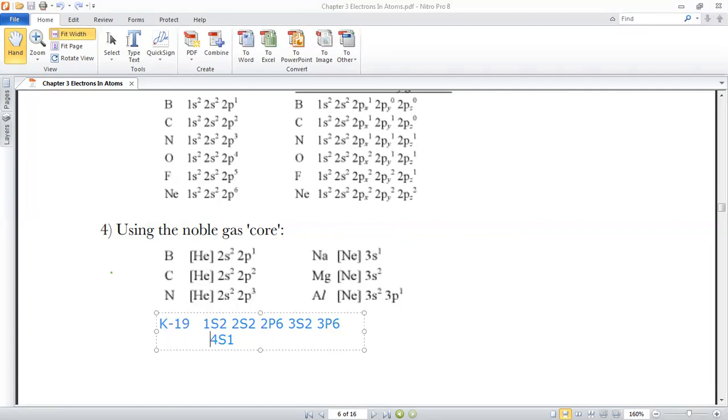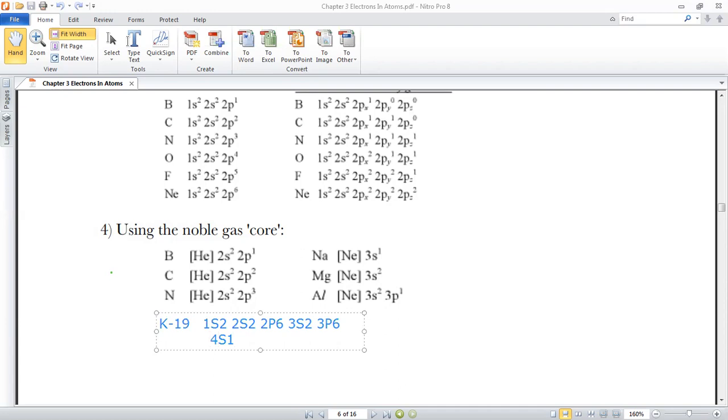If you go by principal quantum number or shell number, you see in the first shell it has 2 electrons, in the second shell it has 8 electrons, in the third shell it has 8 electrons, and then the fourth shell has 1 electron. तो ये पोटेशियम की complete electronic configuration है.